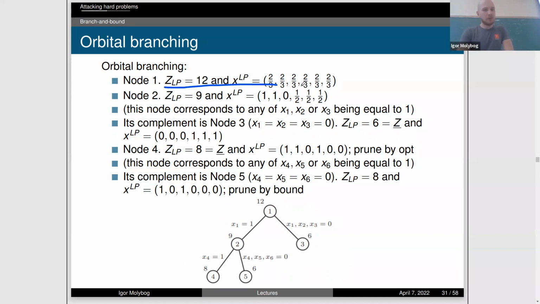Basically, the first node would be essentially the same, but then instead of branching on a single variable, you're still kind of branching on the same variable x1, but now you understand that the logic of your branching is whether all of the values x1, x2, and x3 at the same time can be equal to 0, because essentially you're using the permutation of this form, x1 to x2 or x1 to x3.